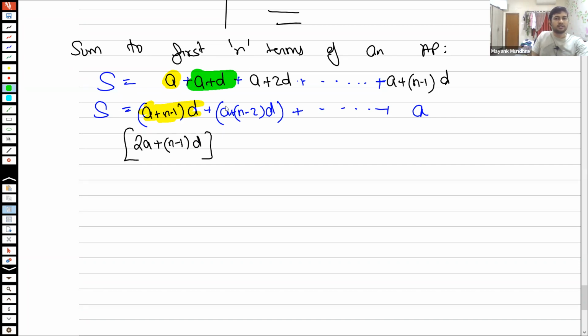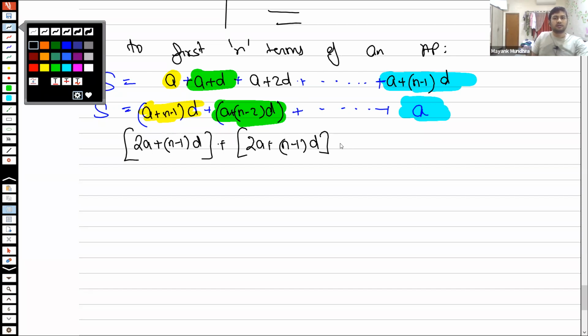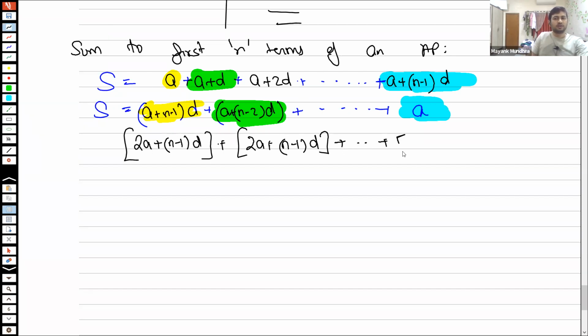What is this plus this? This is also 2a plus n minus 1 times d. And what is this plus this? This is also 2a plus n minus 1 times d.